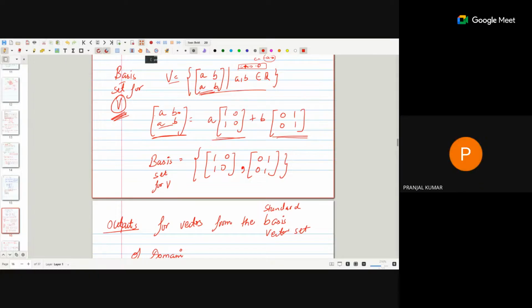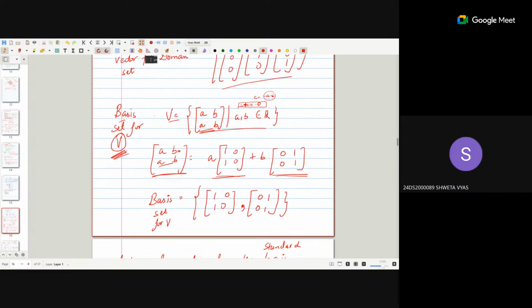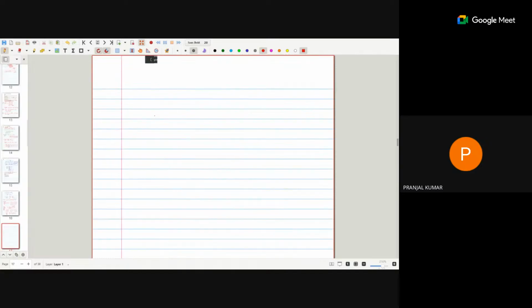From where did we get this basis set for V, A, B, B? I could not understand. Okay, so I will give you an example. Suppose a set is given, A, B, C, D belongs to the real numbers, and a condition is given: D plus 5A minus 2B plus C is equal to 0.